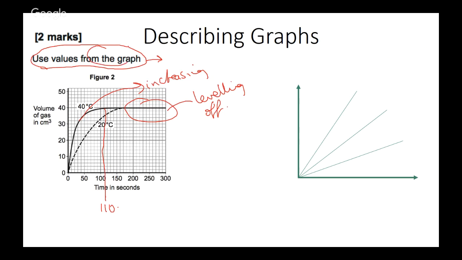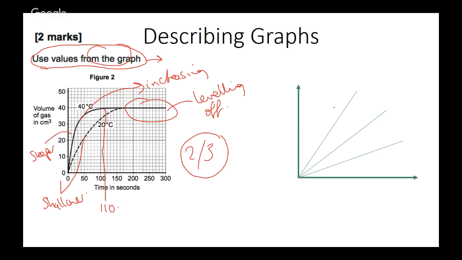That's using data from the graph, okay? So increasing up until 110 seconds and then leveling off. We describe this as a steeper gradient, and this one as a slightly shallower gradient. So 2 to 3 marks often comes from describing some sort of graph.